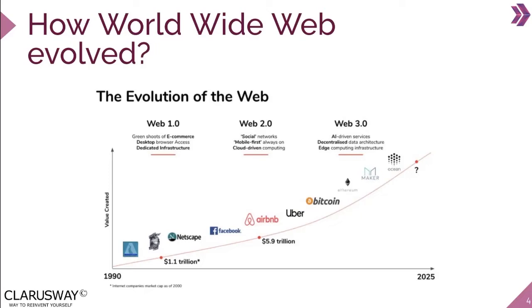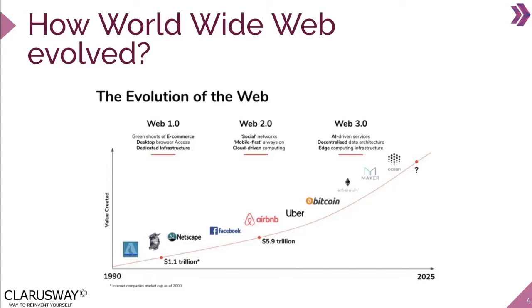Over the years, the World Wide Web was subject to evolution. We name these different versions and eras of the World Wide Web differently, and different versions had different characteristics. Earlier versions, for example Web 1, were more about retrieving data and reading it, and a small number of people were creating the content and sharing it.